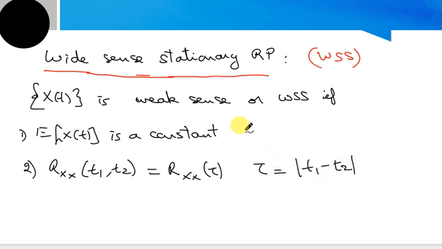If it satisfies these two conditions, then it is said to be wide sense stationary.